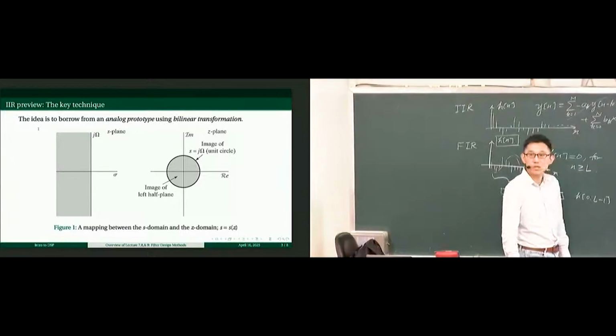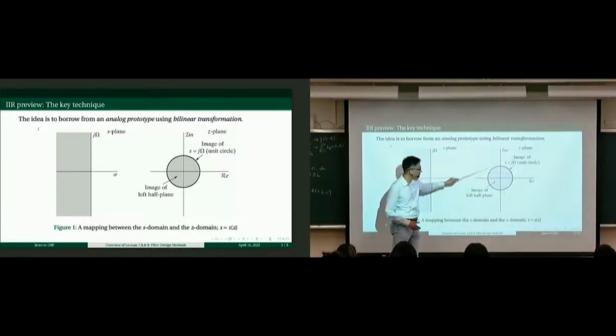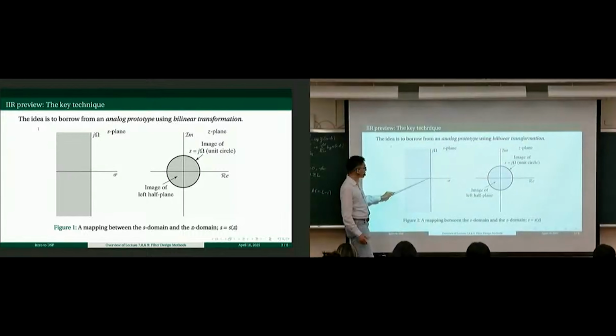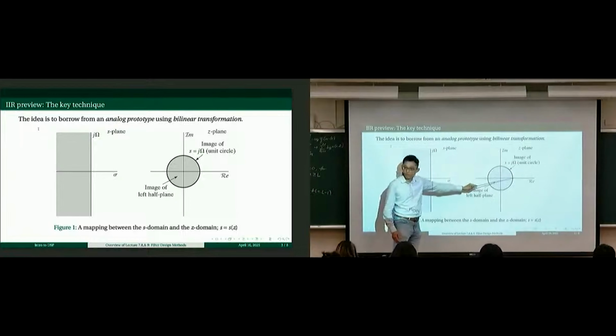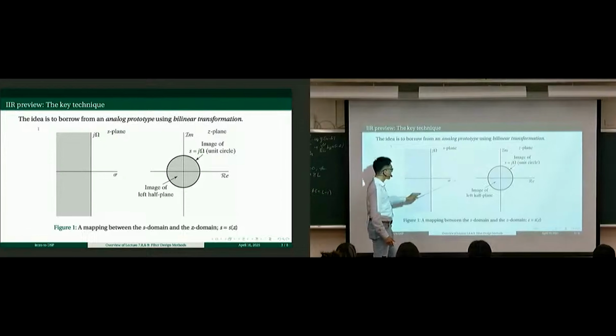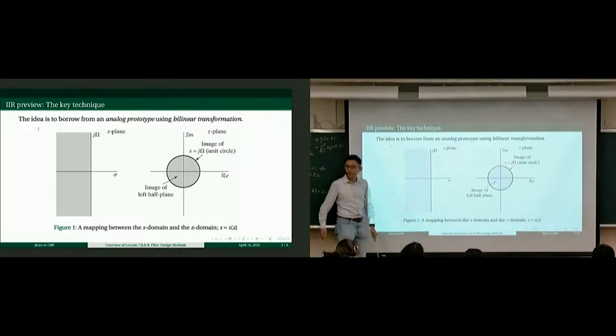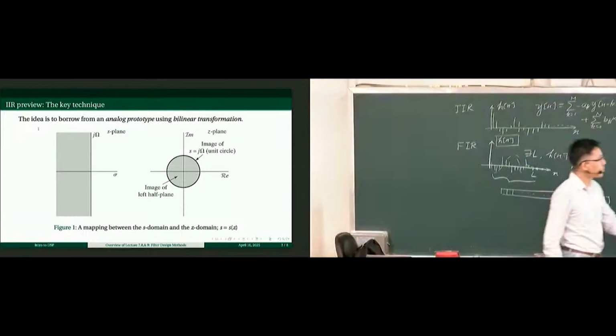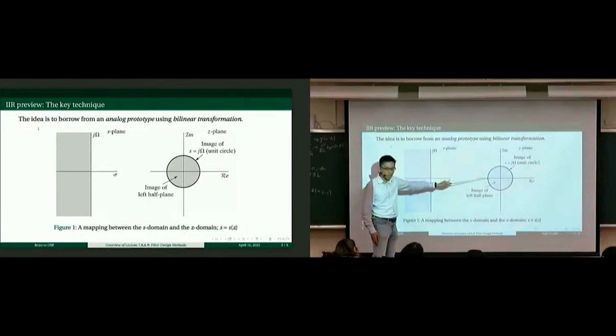Let me repeat that. If you go up, it's equivalent to going counterclockwise here. DC maps to DC, that's DC frequency for discrete time, and infinity maps to pi, the frequency pi.